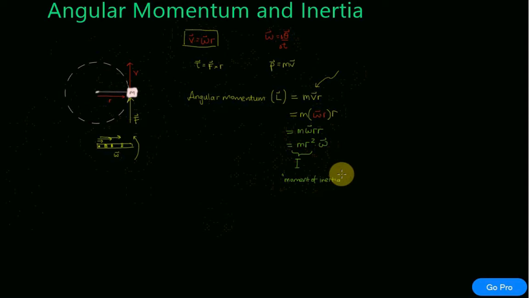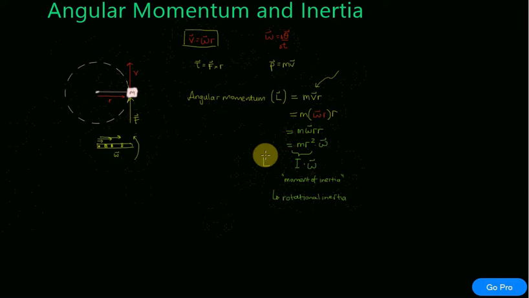That's the official definition of it. You could also think of it as the rotational inertia, and I'll explain why that is the case just now. So in essence, mr squared is called the moment of inertia multiplied by angular velocity.